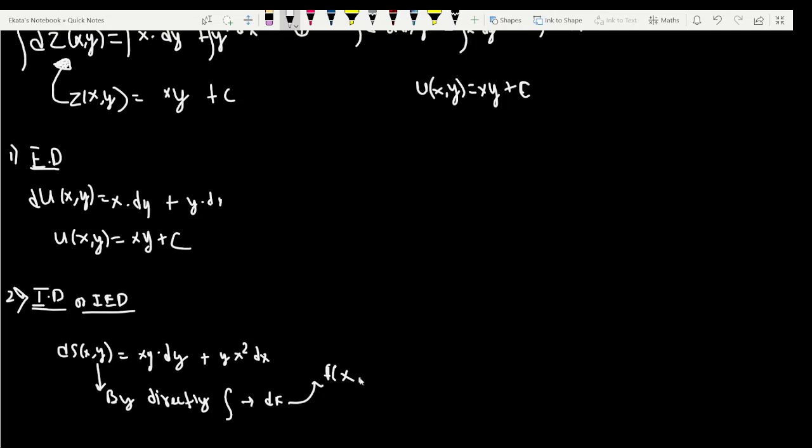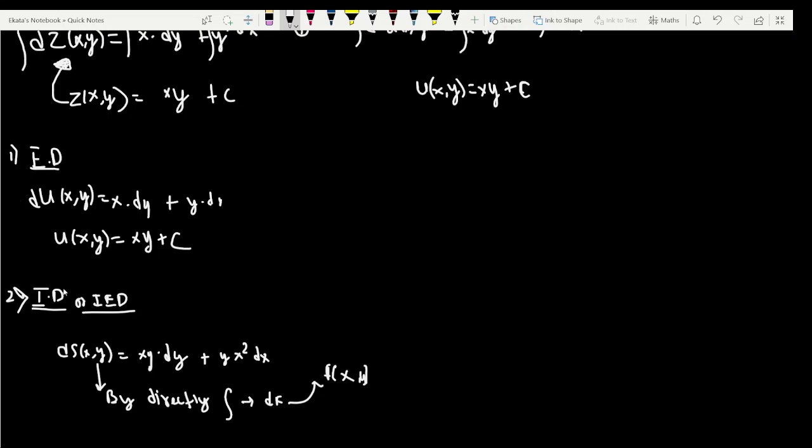There must be some other methods to find that, which we'll discuss in the next video. So remember, any type of differential which by directly integrating gives the function accurately, that type of differential is known as exact.